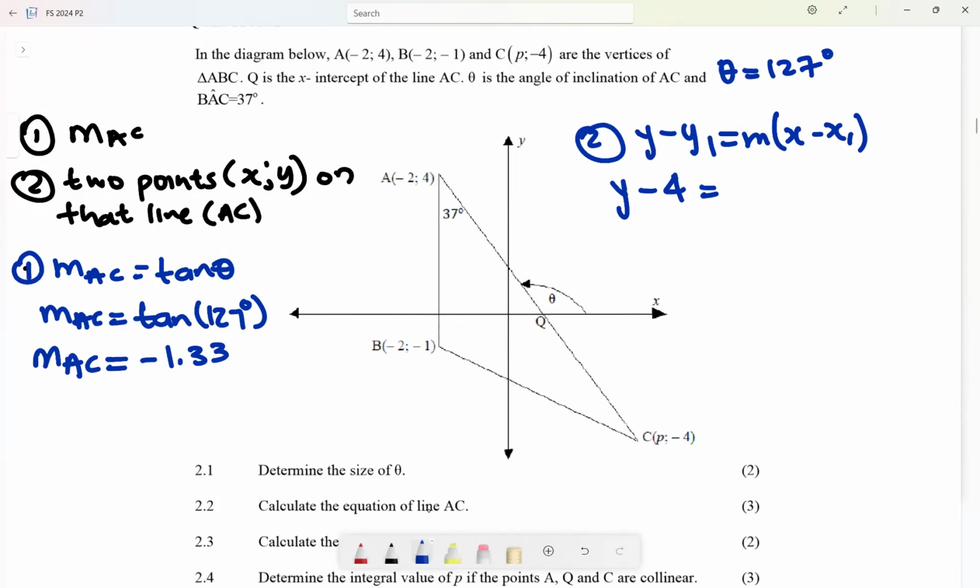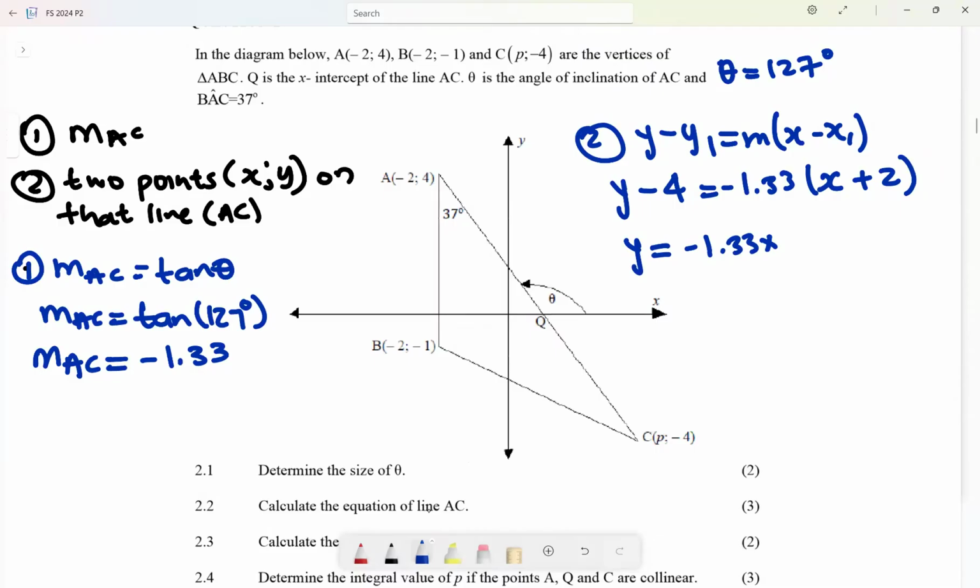Gradient I just got as negative 1.33. This is not a beautiful answer. But yes, x minus, can you see it is negative 2, minus the negative of the 2, like that. So it's going to give us positive. Then when I simplify this, this is going to be negative 1.33 times x.